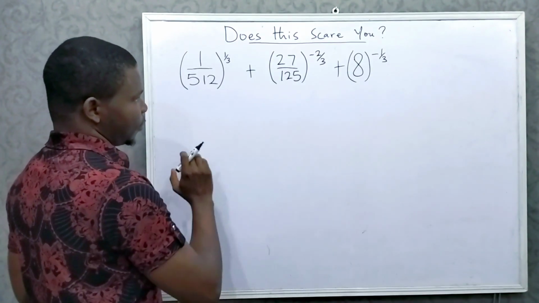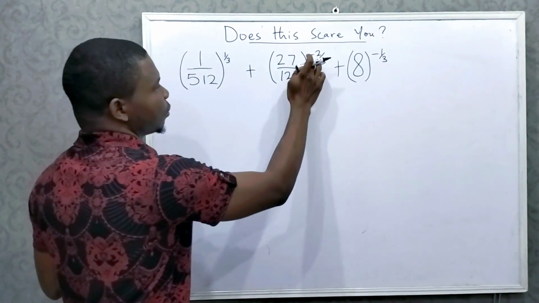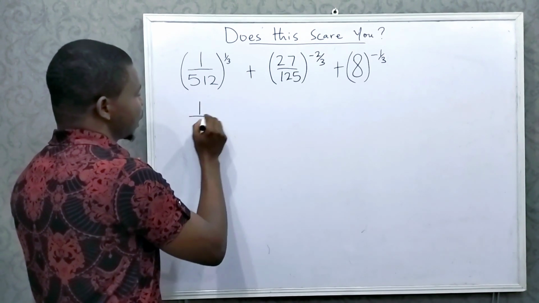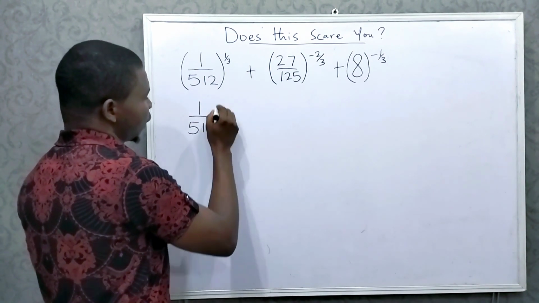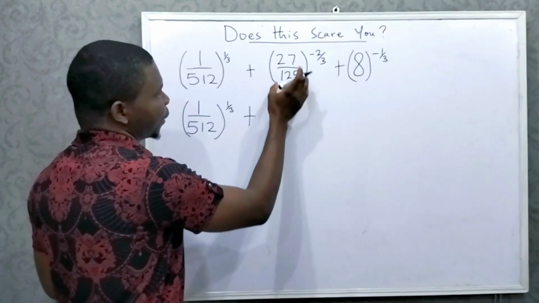We have this equation. The first thing I'm going to do is to remove the negative sign, okay? I will write it by removing the negative sign. So this will be 1 over 512 raised to power 1 over 3.